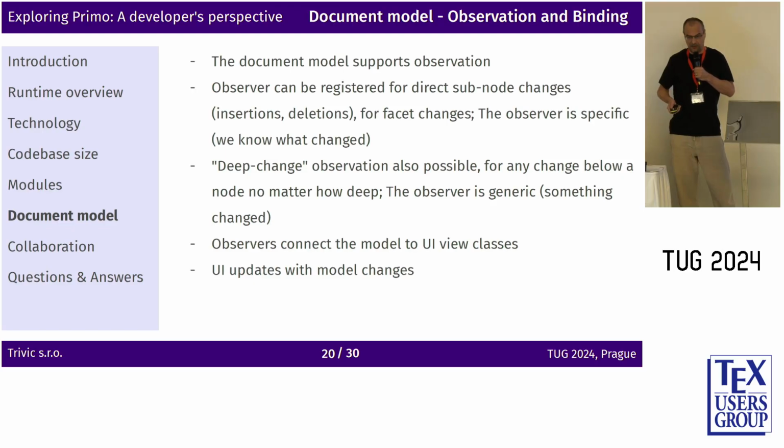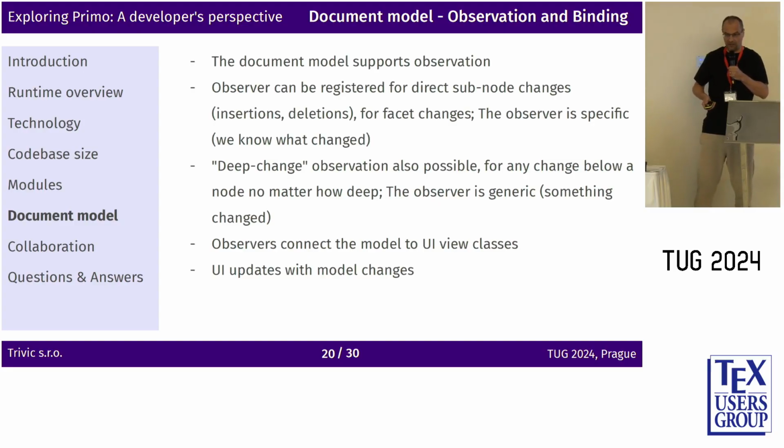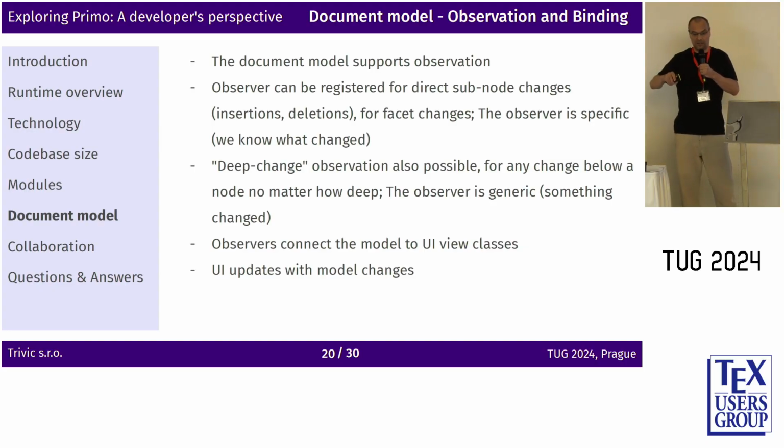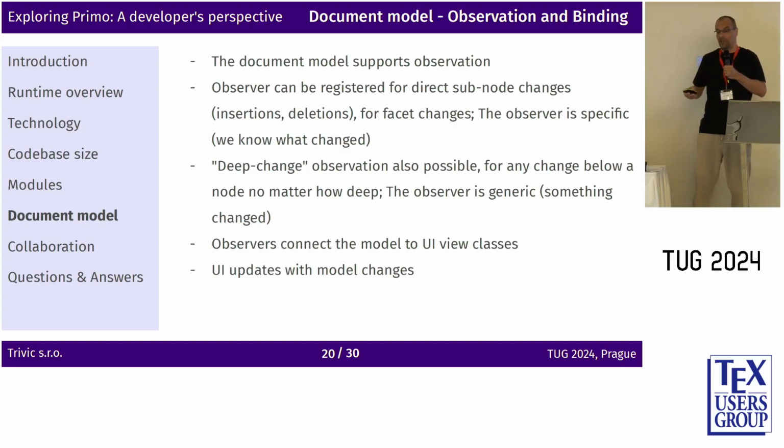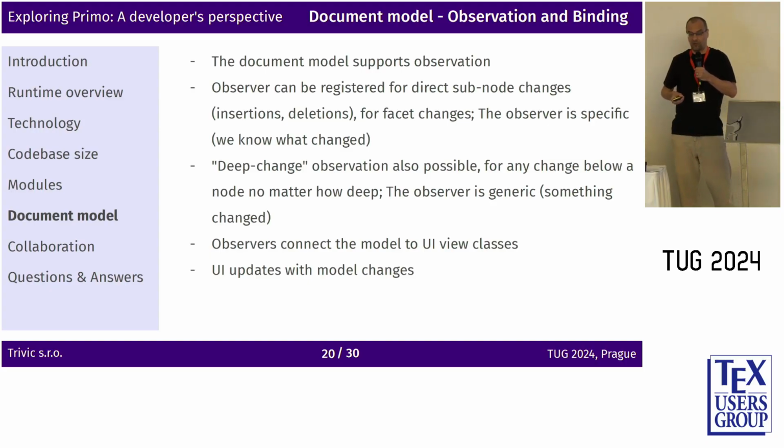So now we are getting to something related to the client. The document model supports observation. This means that you can register an observer to whatever node you wish, and when the node changes, the observer fires, and this is used to update the user interface when the document model changes.